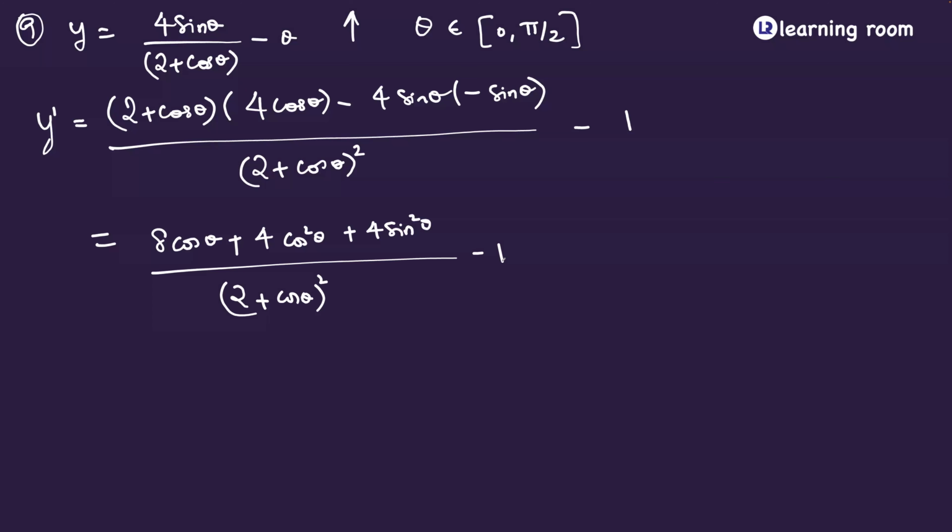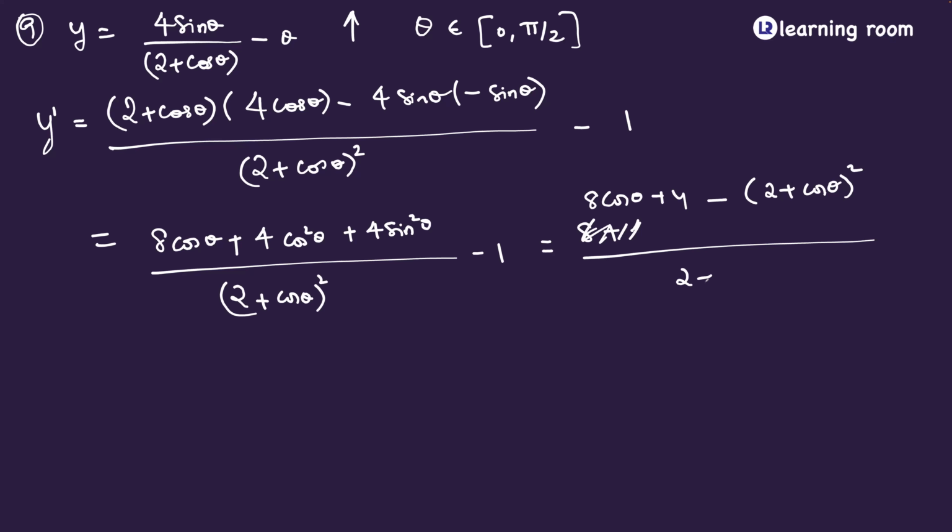So 4 cos square theta plus 4 sin square theta is 4. So it is going to be 8 cos theta plus 4, minus of 2 plus cos theta the whole square, the whole divided by 2 plus cos theta the whole square. Am I right?